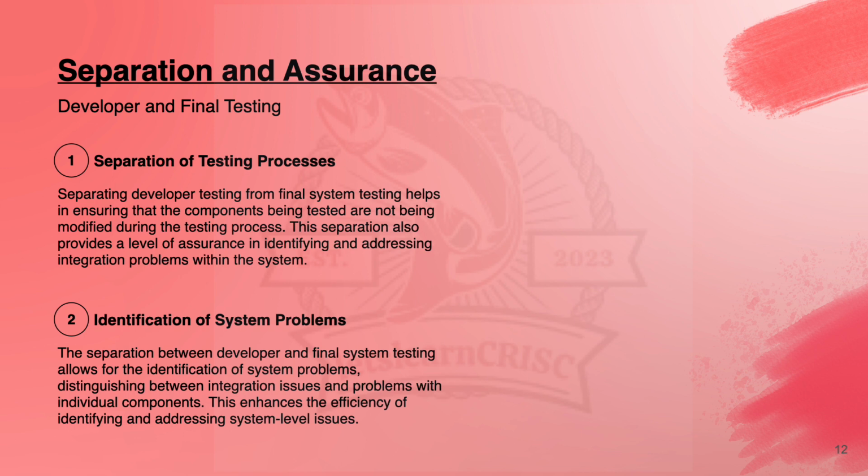Friends, the separation enhances the efficiency of identifying and addressing system level issues as it allows testing effort to focus specifically on how integrated components function together. And by isolating integration issues during final system testing, teams can strategically address challenges related to the collaboration and communication between the different components.